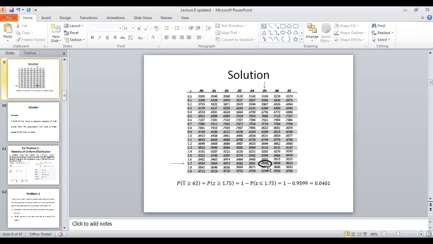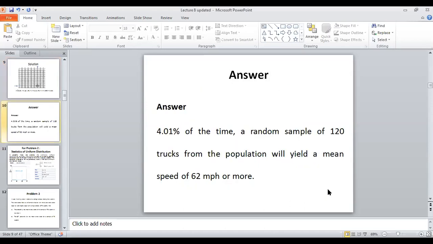That means the probability of z less than or equal to 1.75 is 0.9599. When we subtract this probability from 1, we get 0.0401, which shows that there is a 4.01% chance, or 4.01% of the time, that a random sample of 120 trucks from the population will yield a mean speed of 62 mph or more.